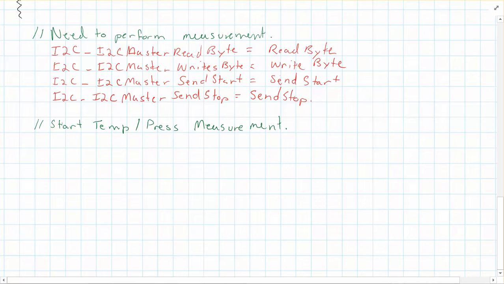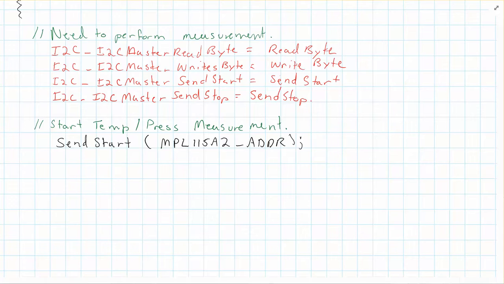Well, we need to first start up my I2C. So I'm going to do send start. And then remember, you have to do the address of the device. And I think that's what we had as our macro. But whatever the macro is, that's what we would use.